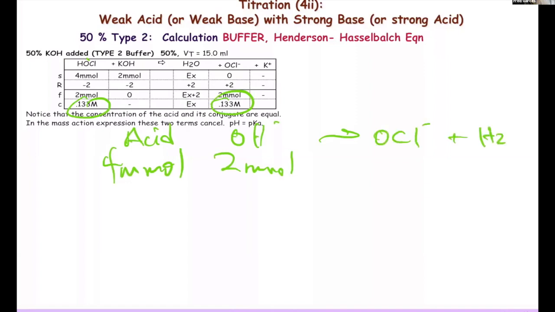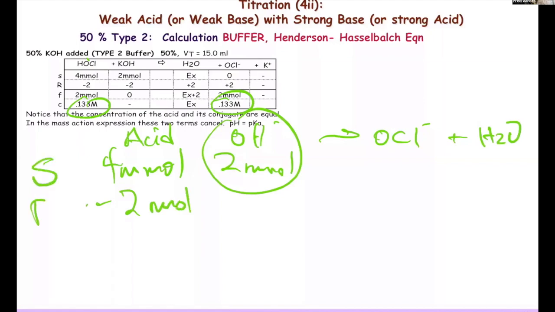Water plays no role in the chemistry. But what happens is that this is the limiting reagent. This is the stoichiometry. This is what we start. This is what reacts. That's where the ICE table comes in. Half of it's going to react. Of course, this is the limiting reagent, so this is going to be 0.